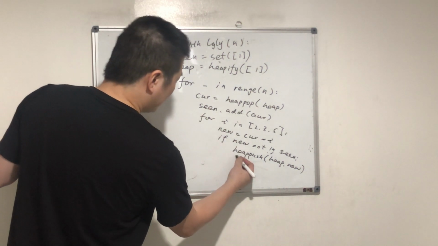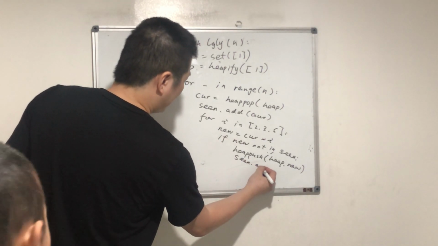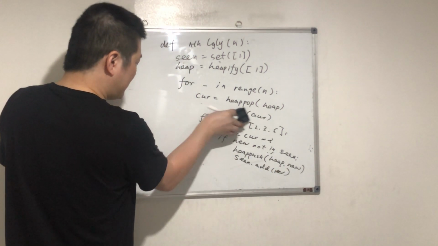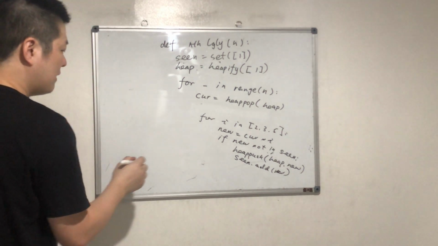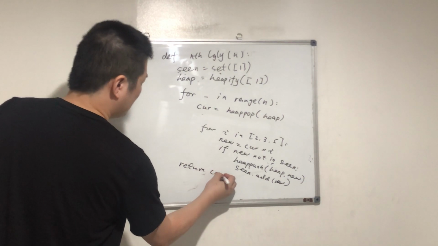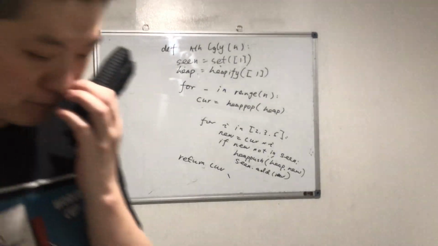Probably I can move this here: seen.add(new), so I don't need to do it in two places. And then I need to return current. Okay, does it make sense?